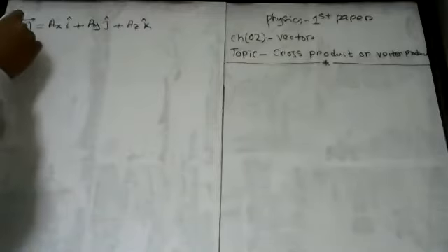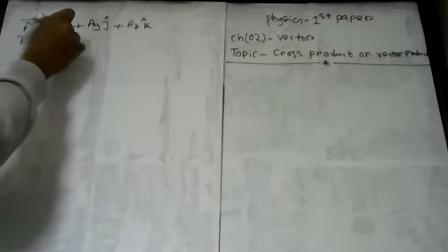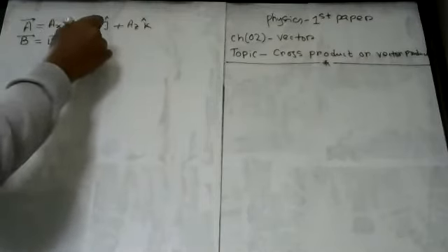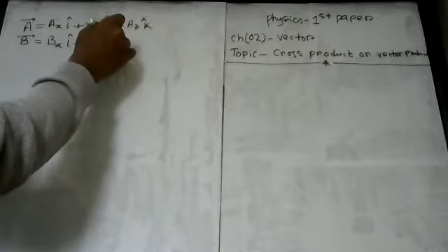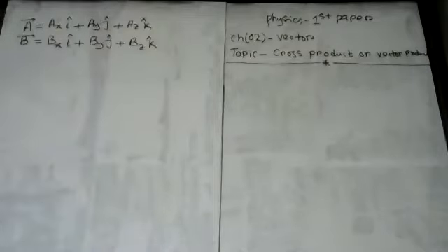Again, this is vector B, and vector B equals bx i hat plus by j hat plus bz k hat. In this class I'm going to find the cross product between these two vector quantities, vector A into vector B.